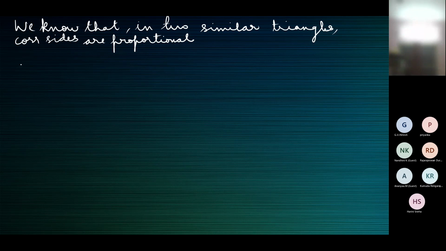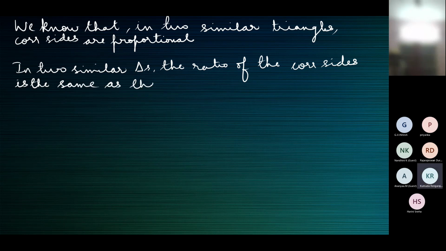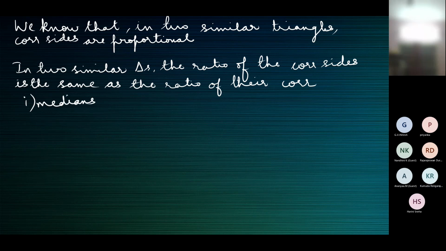In two similar triangles, the ratio of the corresponding sides is the same as the ratio of their corresponding medians, altitudes, angle bisector segments.